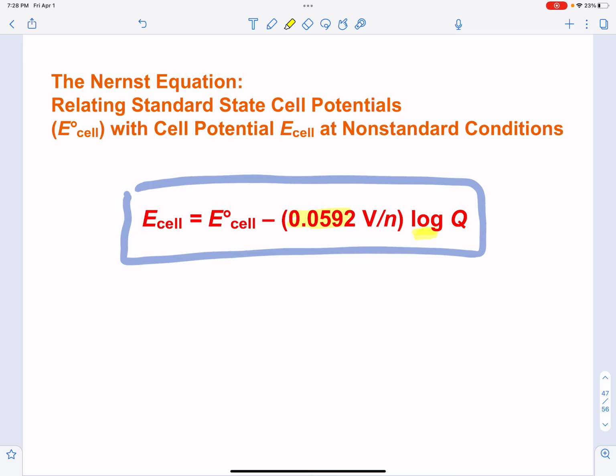So this is how you find the cell potential for non-standard conditions, which is the one you can use to manipulate the amount of voltage that battery can put out.